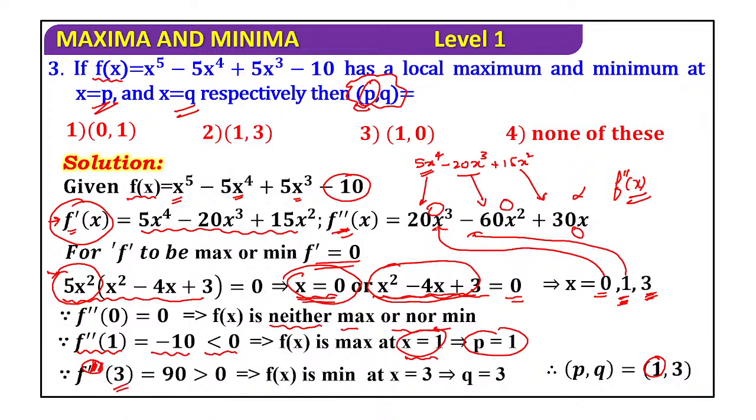If you put in f double dash of 3, you will get 90, which is greater than 0. So therefore, here you can say f of x is minimum at x equal to 3. That implies q is equal to 3. Therefore, 1, 3 is your solution.